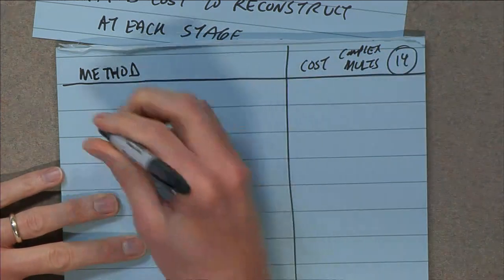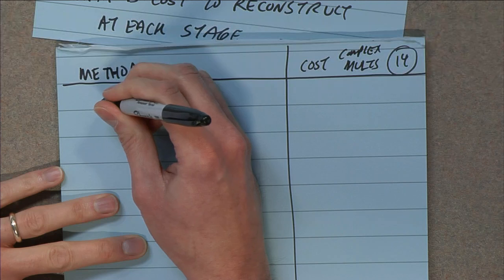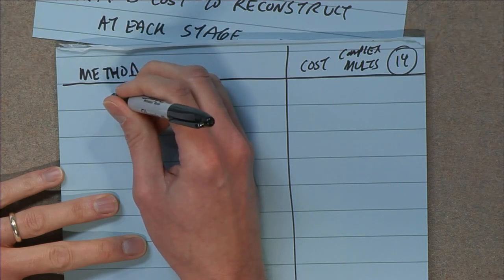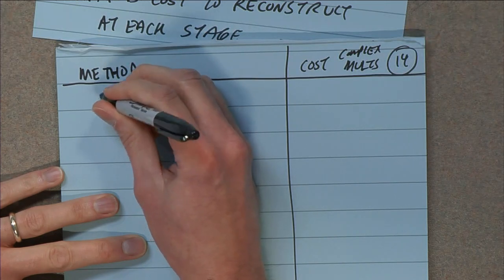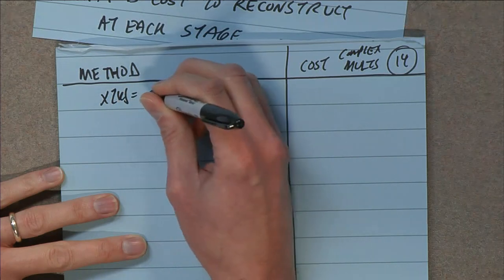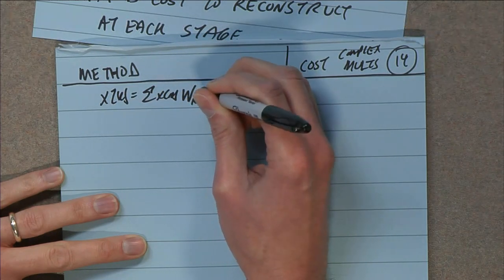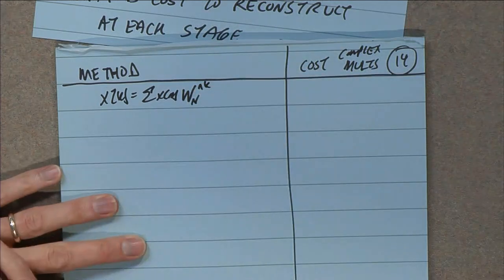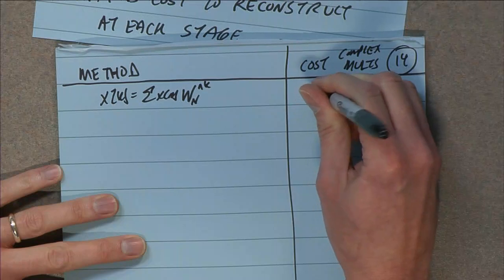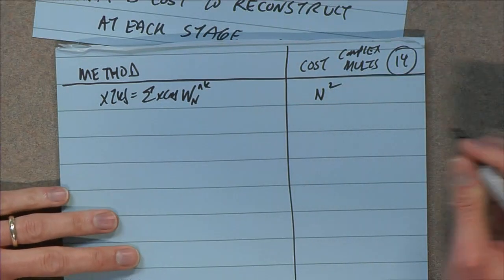And we know right off the bat that if we just use the brute force DFT, and I guess we'll say X of k equals the sum of x of n, just sort of write it shorthand like that, we knew the cost was n squared. We went through that in detail.